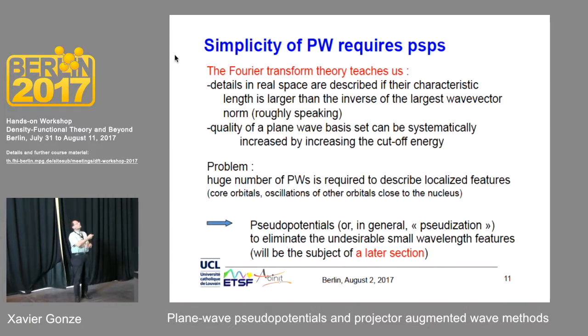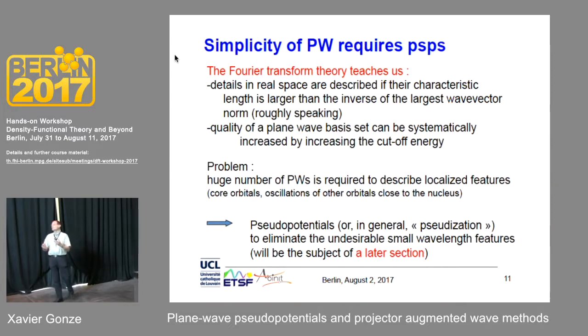On the other hand, we have the nice feature that the quality of a plane wave basis set can be systematically increased by increasing the cutoff energy, which is a very nice feature of the plane wave basis set, not very often found in other basis sets.